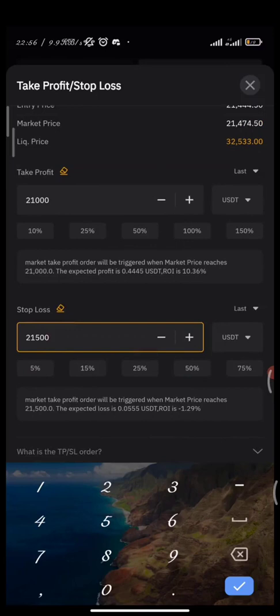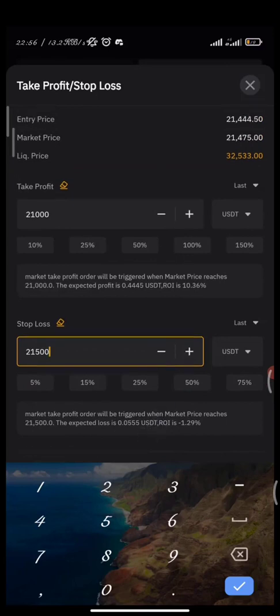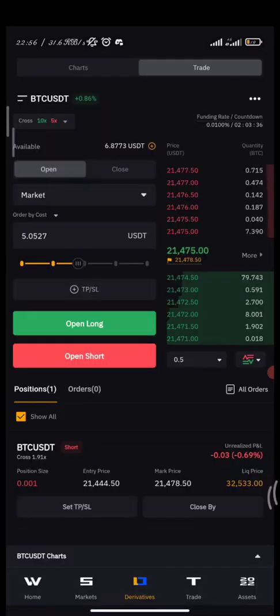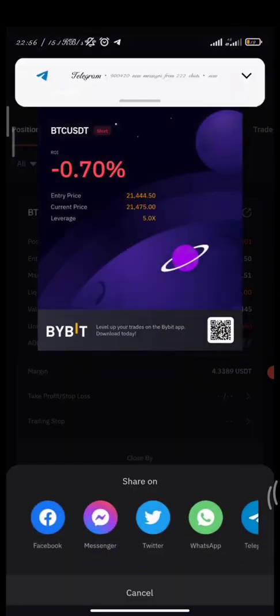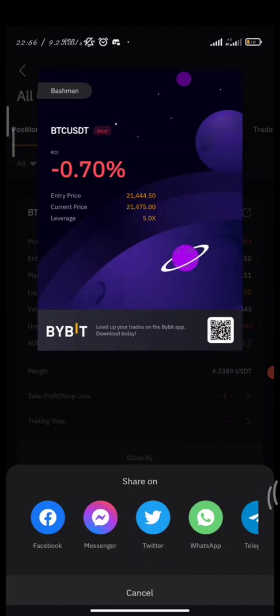Right now I'm already losing because of where I set my stop loss. Now this thing is working this way because of the leverage I used. What did I use? Let me click this. I use 5x.